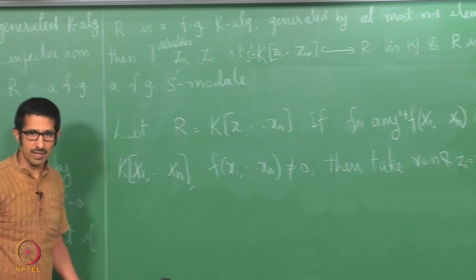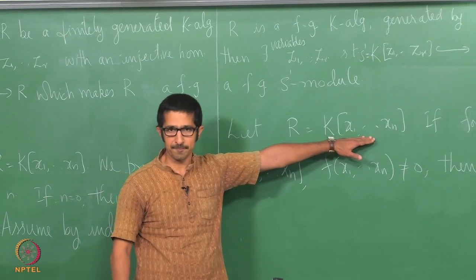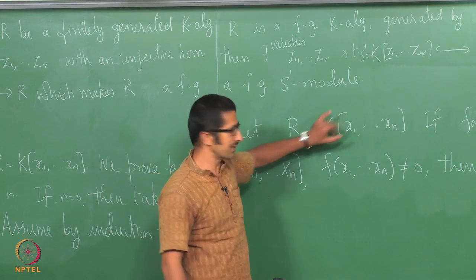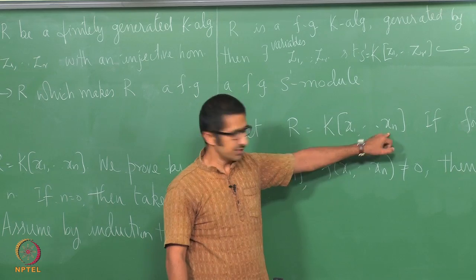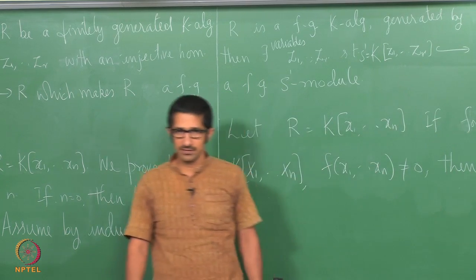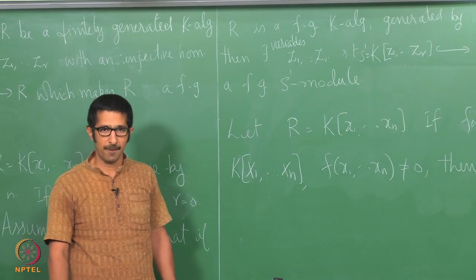We are through. This itself is a polynomial ring. There are no polynomial relations among x 1 up to x n, which means this itself is a polynomial ring. They are all algebraically independent.